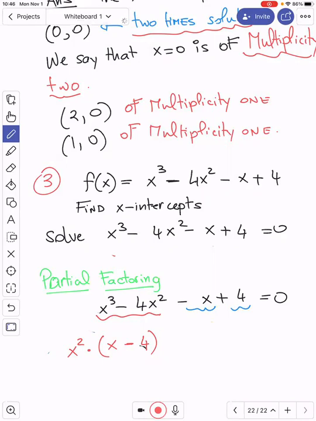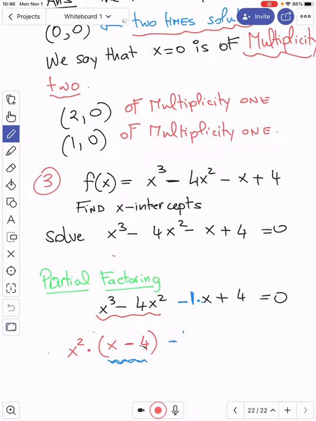But as you can see, the first part has x minus 4, and this is minus x plus 4, which looks almost the same thing. So because it's a minus x, I'm going to pull out negative 1. Minus x means negative 1 times x.